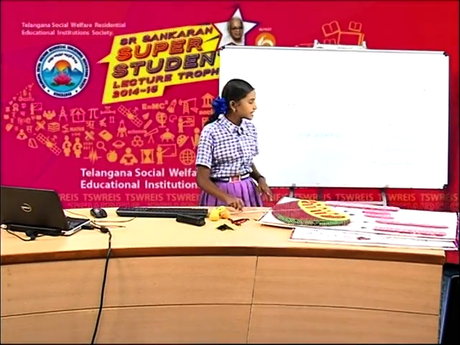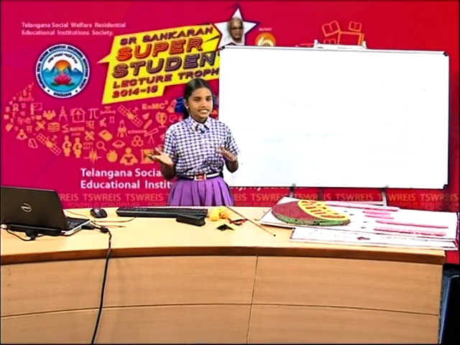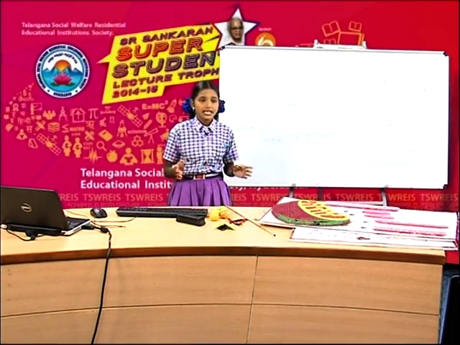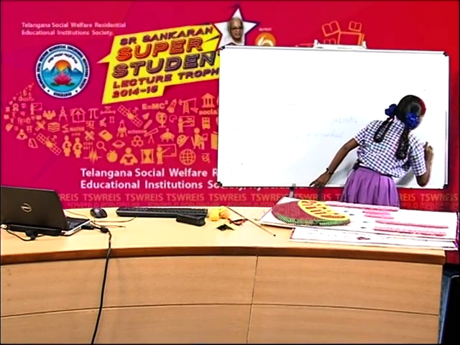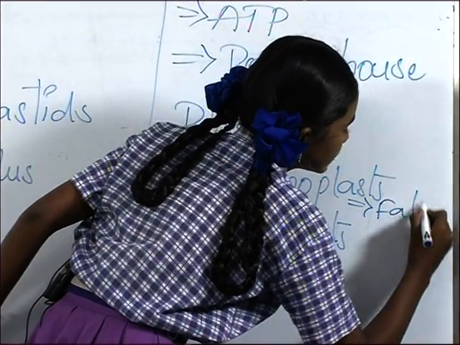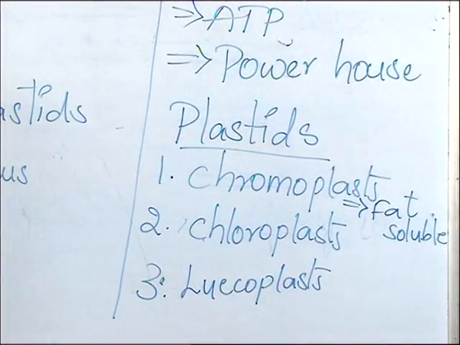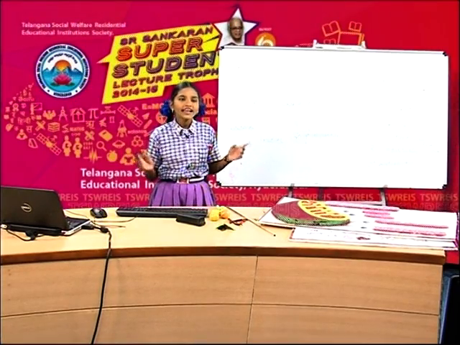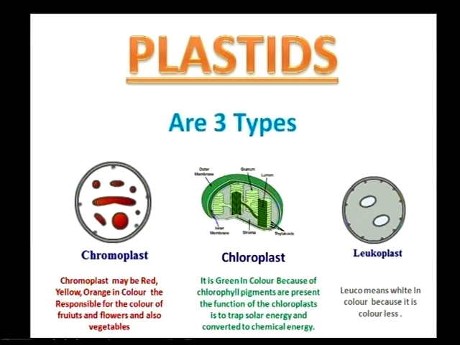Okay friends, let's discuss about chromoplast. Chromoplasts are colored plastids. These contain fat soluble pigments which may be red, orange or yellow in color.